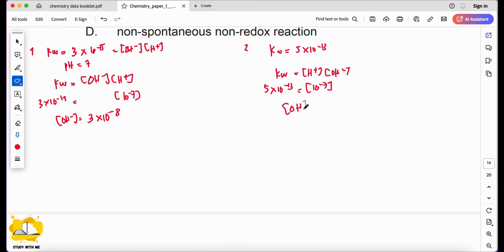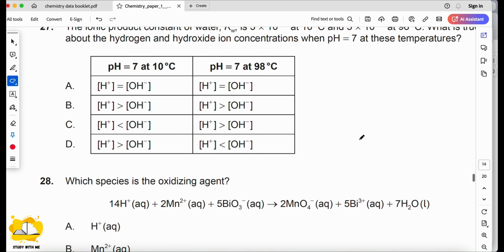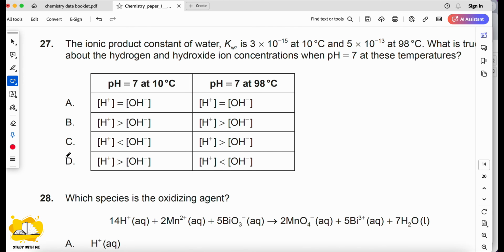So OH minus will be 5 times 10 to the power negative 6. So if we compare these two, the concentration of H plus is bigger than OH minus in the first scenario, and for the second scenario, 98 degrees Celsius, the concentration of H plus is smaller than OH minus. Therefore, the answer for question number 27 is D.